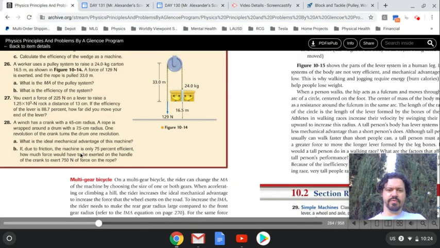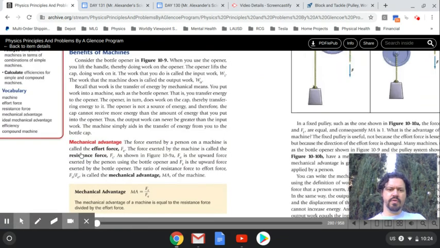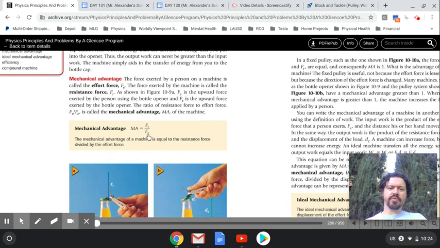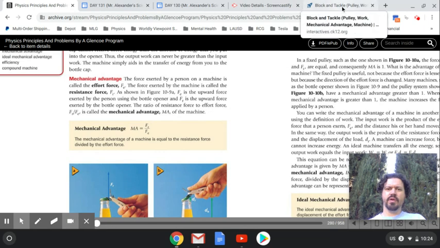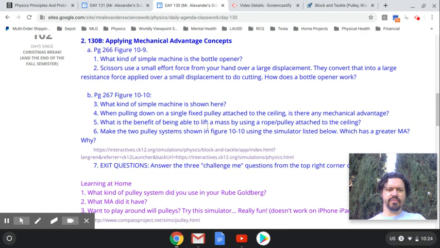Mechanical advantage, if we scroll back a little bit, comes from the forces that you put in and the forces that come out. So an example of that, we could pull up your activity from yesterday.